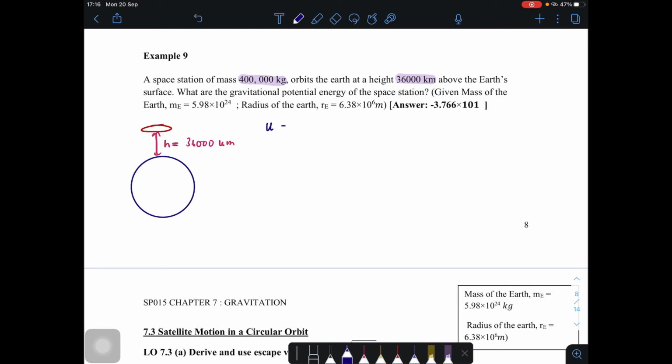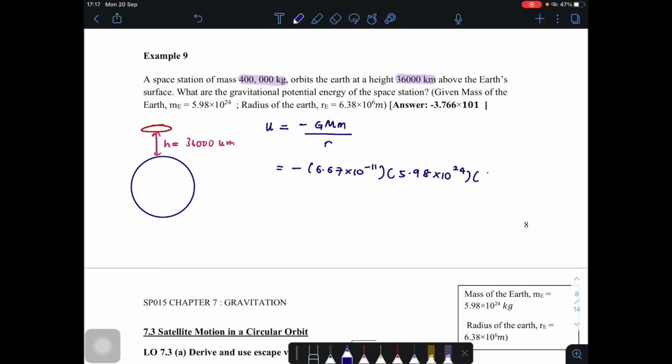So this one straightforward. Keluarkan formula untuk potential energy, negative GMm divided by R. So masukkan sahaja value for G, 6.67 × 10^-11, and then mass of the Earth, which is 5.98 × 10^24, and then mass of the space station dulu.